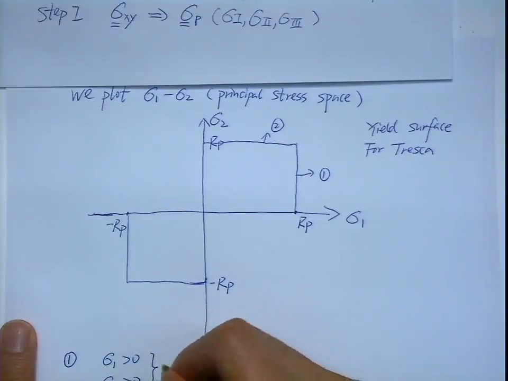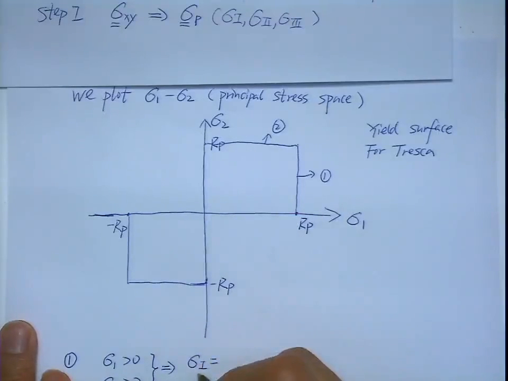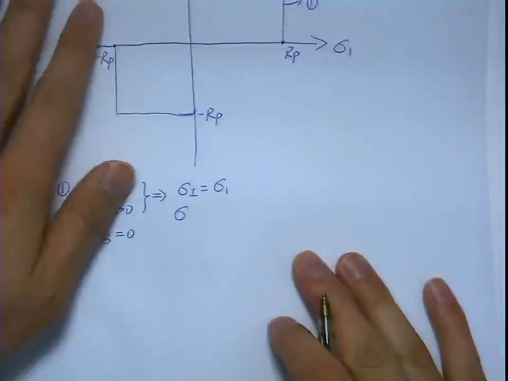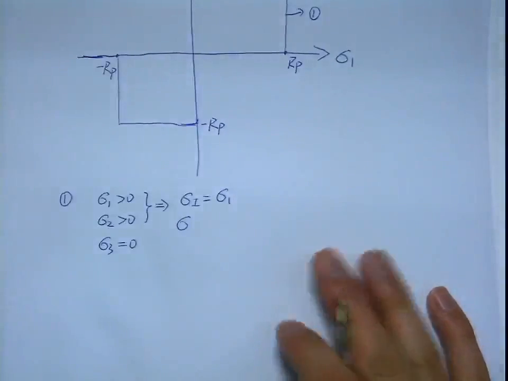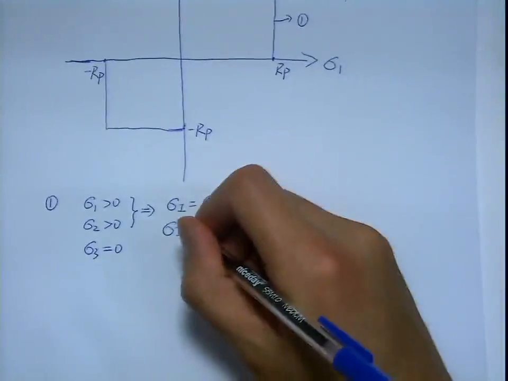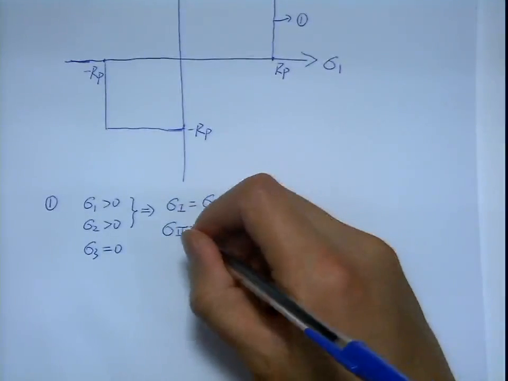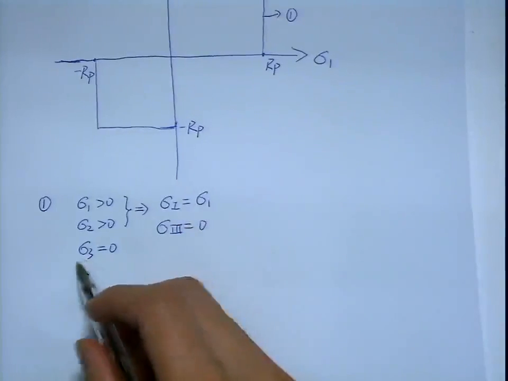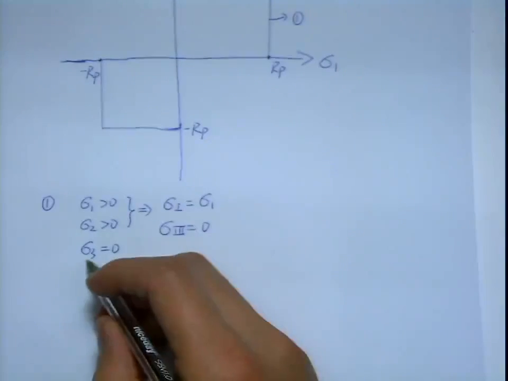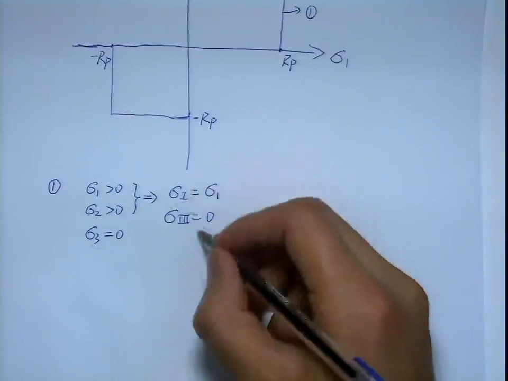Now we know the principal stress: we will assign sigma capital 1 equal to sigma 1, and sigma capital 2 equal to, now the smallest one is 0, which is in this plane stress state. So now you know these two values.